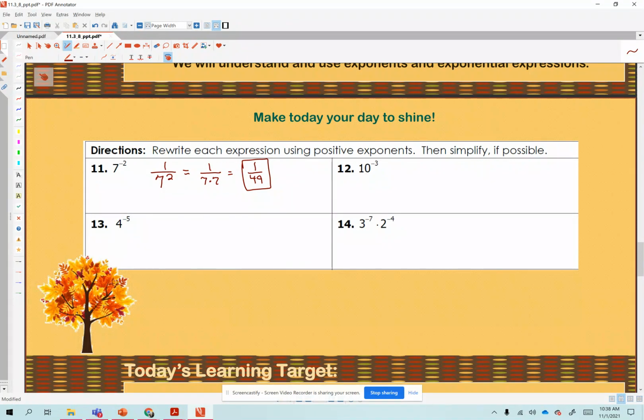Number 12, I have 10 to the -3rd power, which will be 1 over 10 to the 3rd power, which is 1 over 10 times 10 times 10, which equals 1 over 1,000.